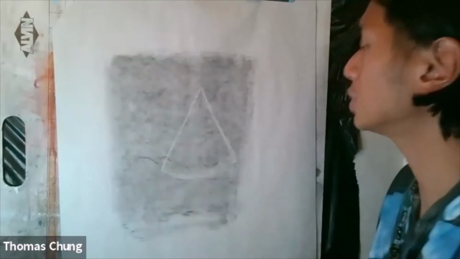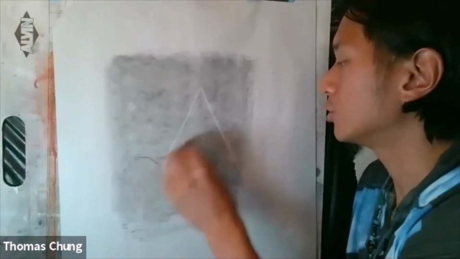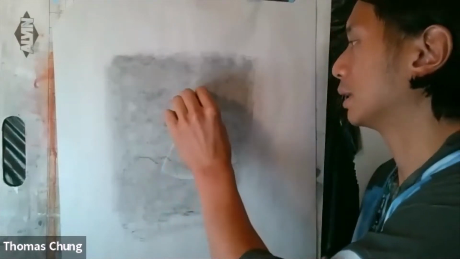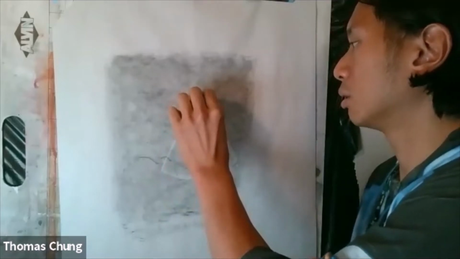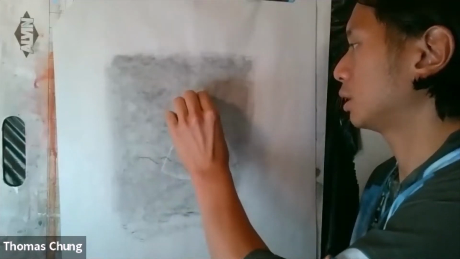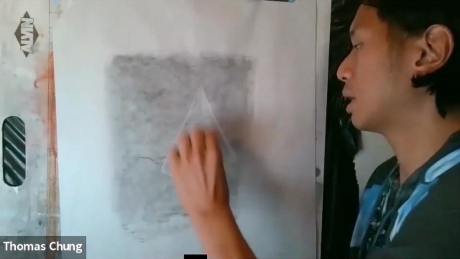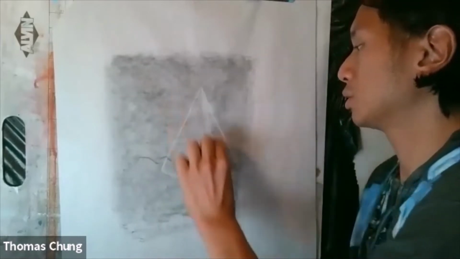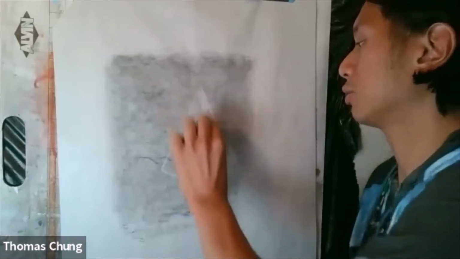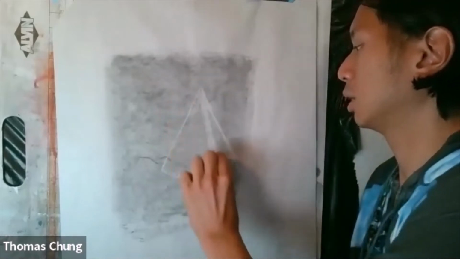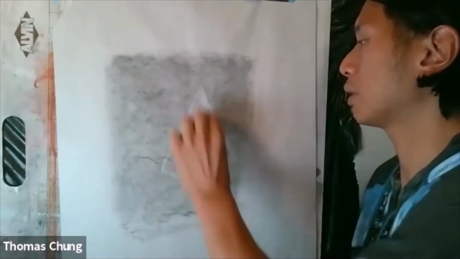I also want you to use this exercise to practice hard edges and smooth blending. But first you need to get your lines in. And then now I'm going to look at where the highlight is. Now I'm confident in the shape of my cone. So I'm going to erase out for the highlight. And the highlight is the brightest part of this.